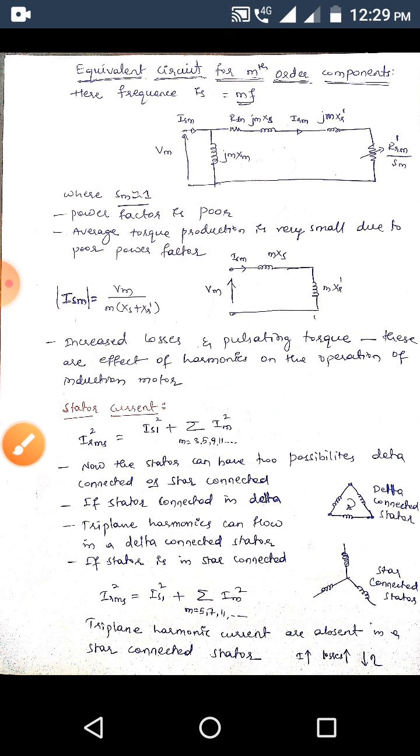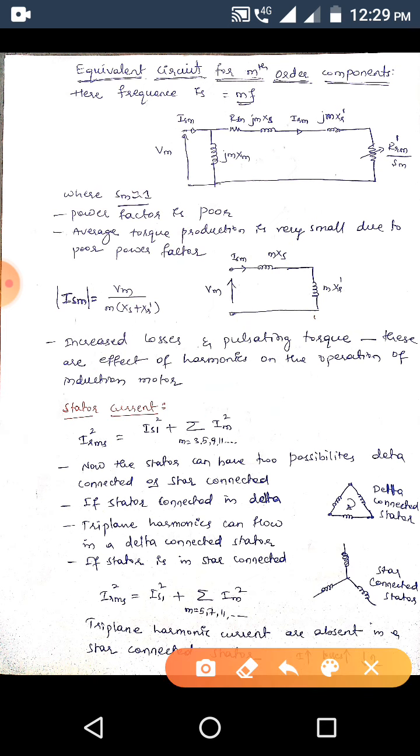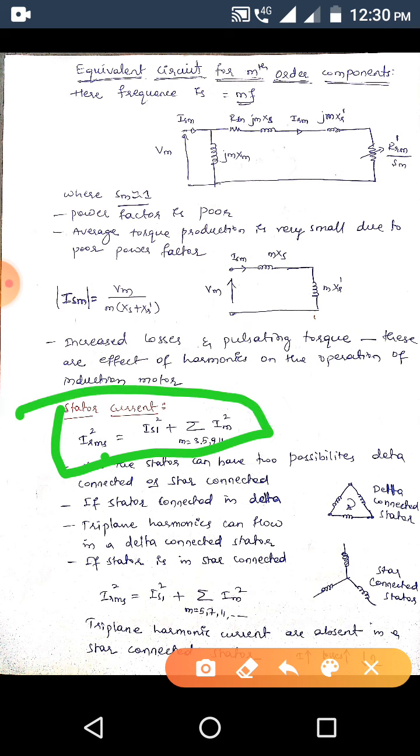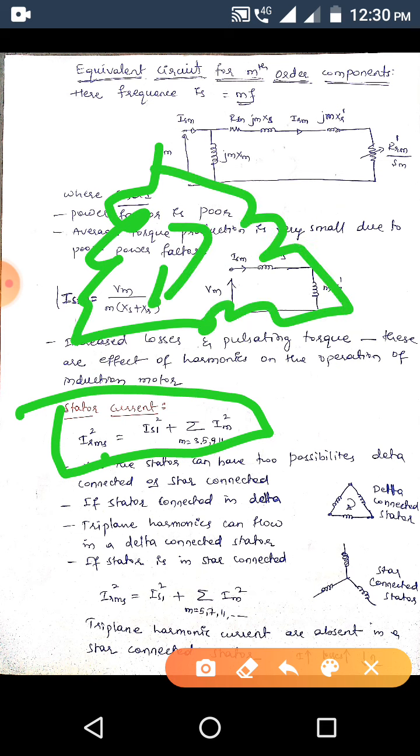We are going to calculate the stator current in two possibilities, either star connected or delta connected. This equation is suitable for delta connected windings, rotating in the clockwise direction.